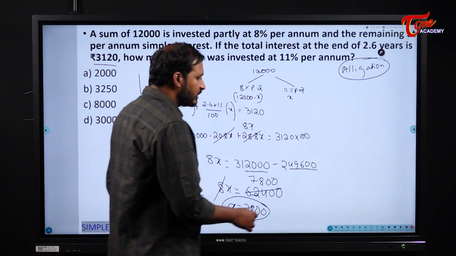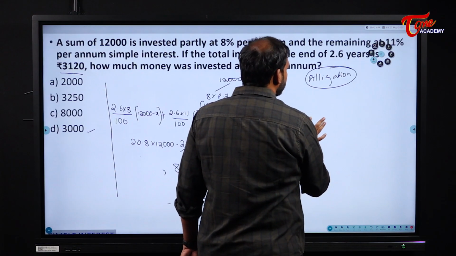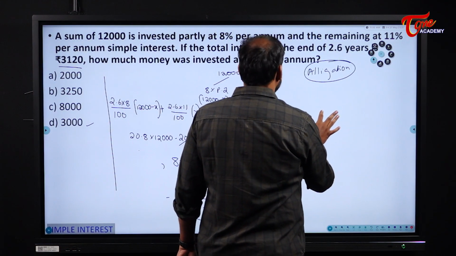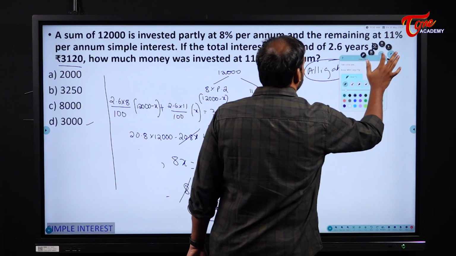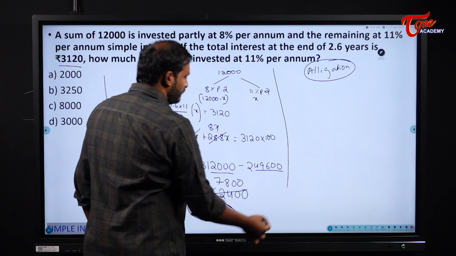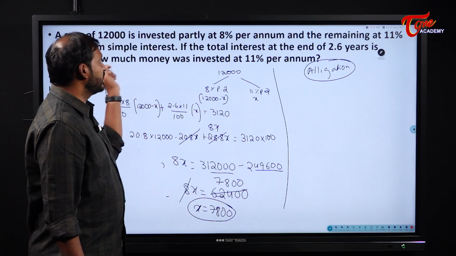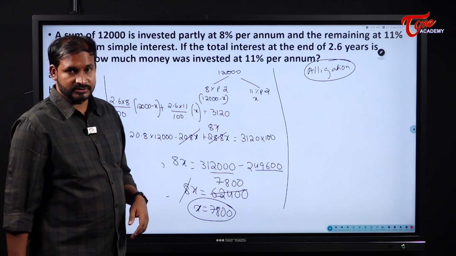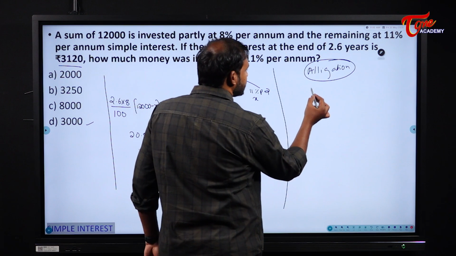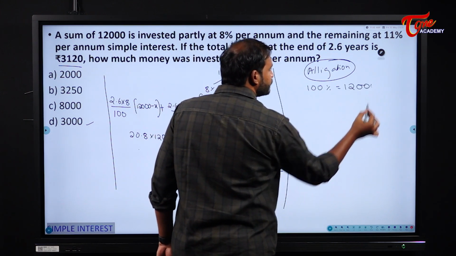Now we will try to solve the same question with the help of the allegation rule. We will see it now. First and foremost thing, what you need to find is, what is this 3120 in 12,000? 100% is 12,000.